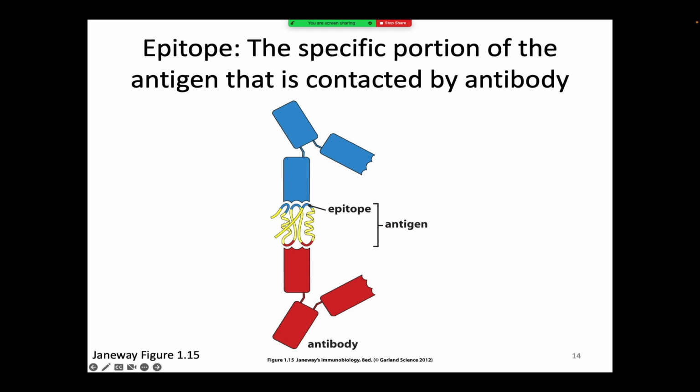Those proteins have sections, have different little pieces to them. And the antibody doesn't bind to the whole protein. It binds to a particular part of it. And that specific part that actually makes contact with the antibody is known as the epitope.